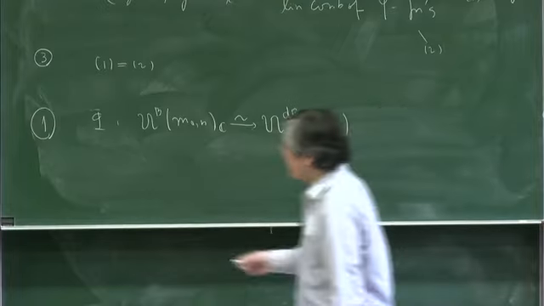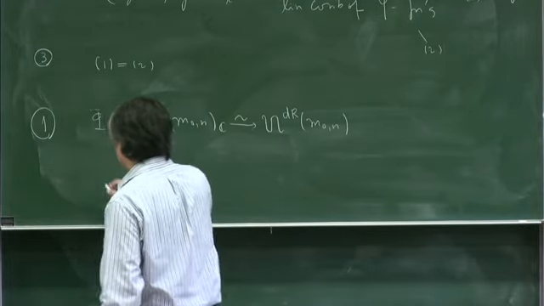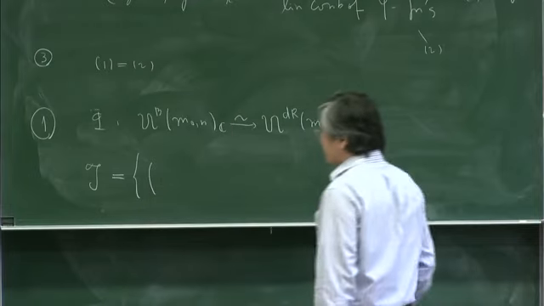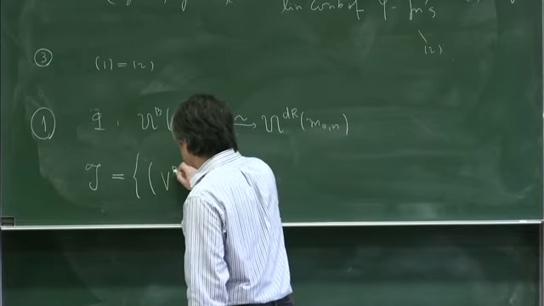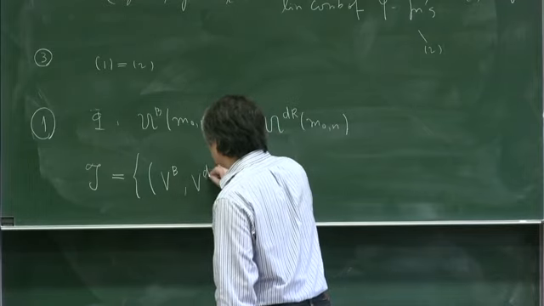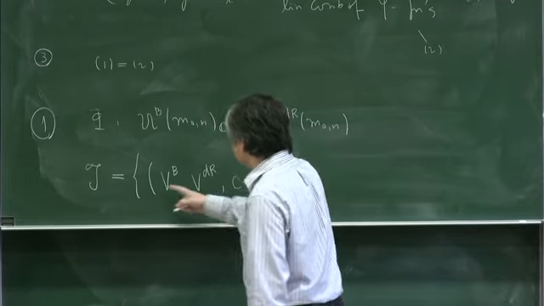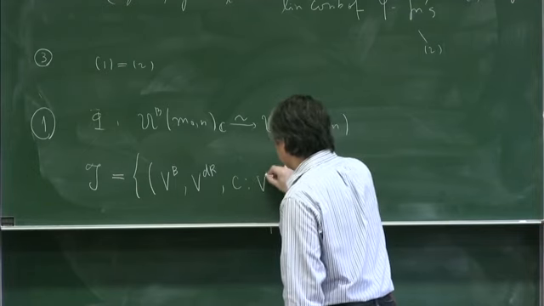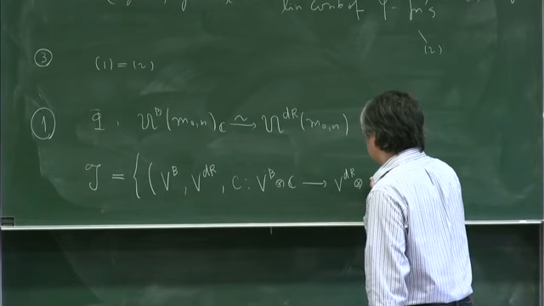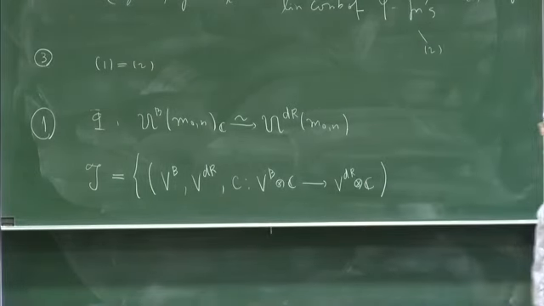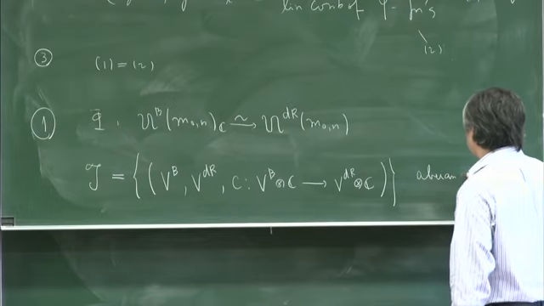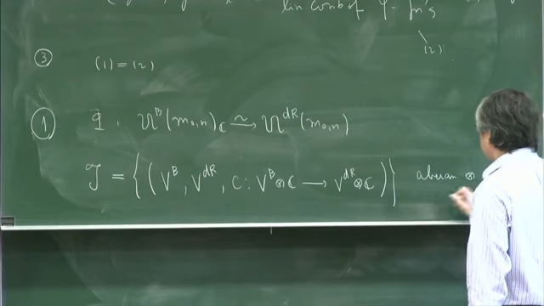First, we consider category T. An object consists of 2 vector spaces and 1 isomorphism between B tensor C and B de Rham tensor C. This is an abelian category and abelian tensor category, and also this is a Tannakian category.